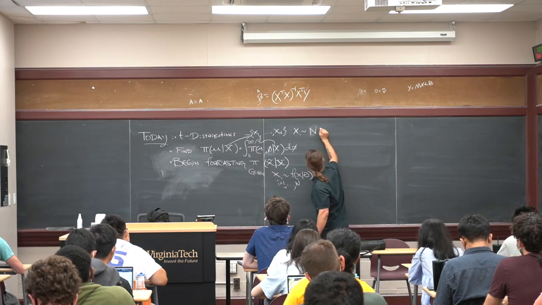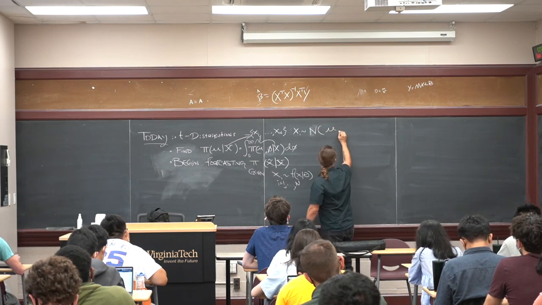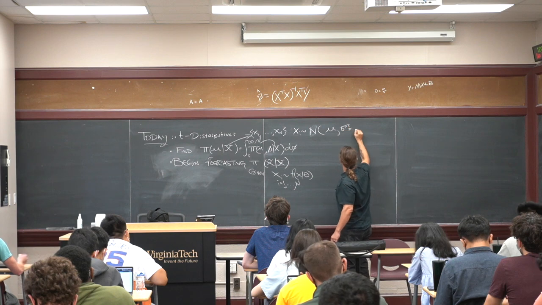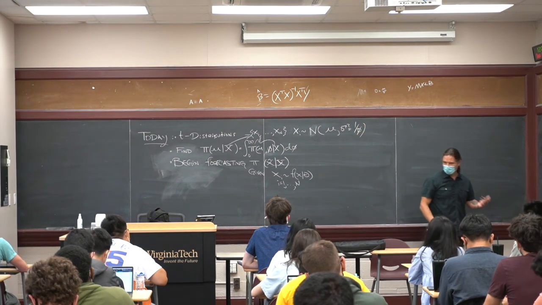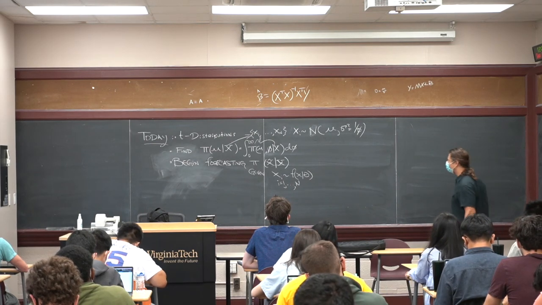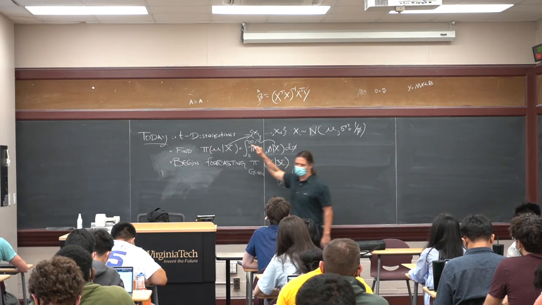I'm going to write that down like this. Normal mu sigma squared. And I've reparameterized everything in sigma squared, and I just inverted that thing, and I call it the precision parameter. So we already know this thing's going to be t.